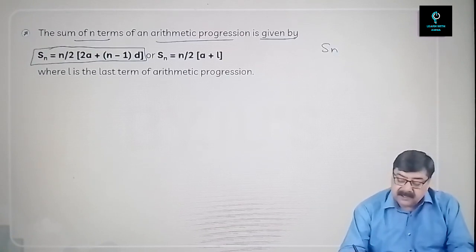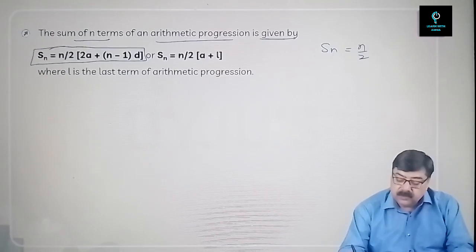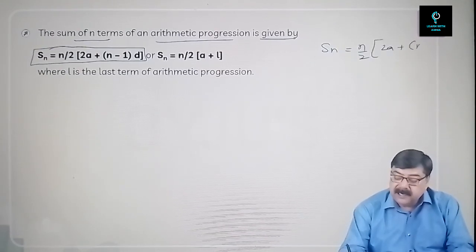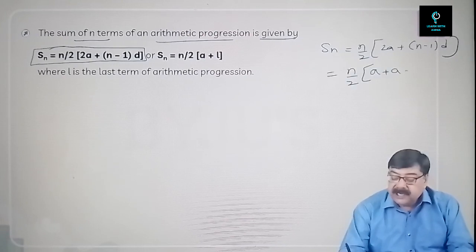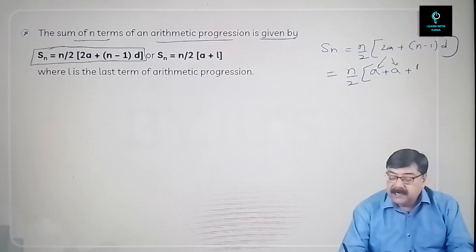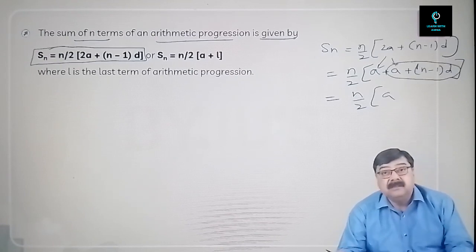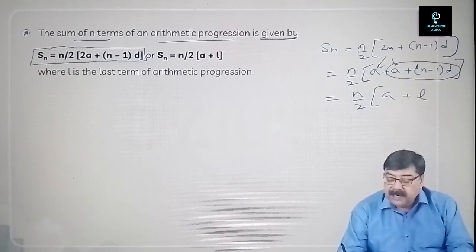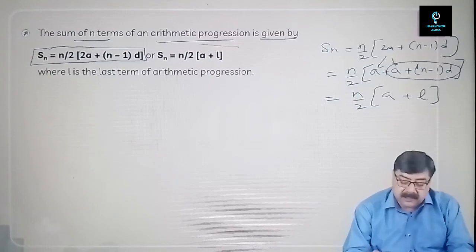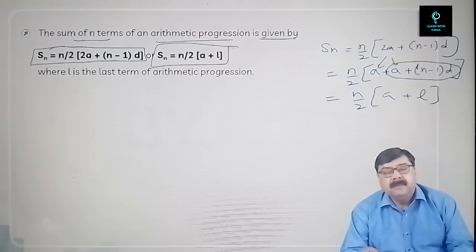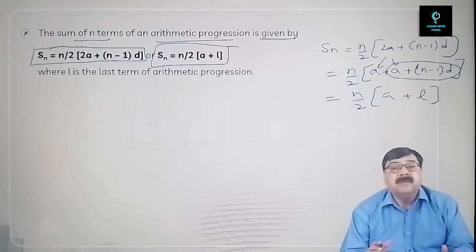Now when we write this as n by 2 into (2a plus (n minus 1)d), we shall separate the two a's here and rewrite this. Now this we know is nothing but the nth term, the last term. So a plus l. So this is another expression depending on whether the last term is given or not.